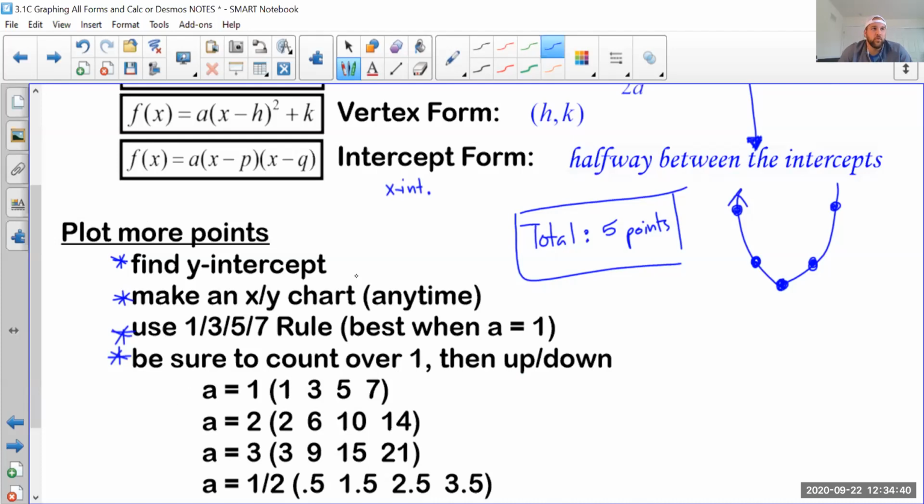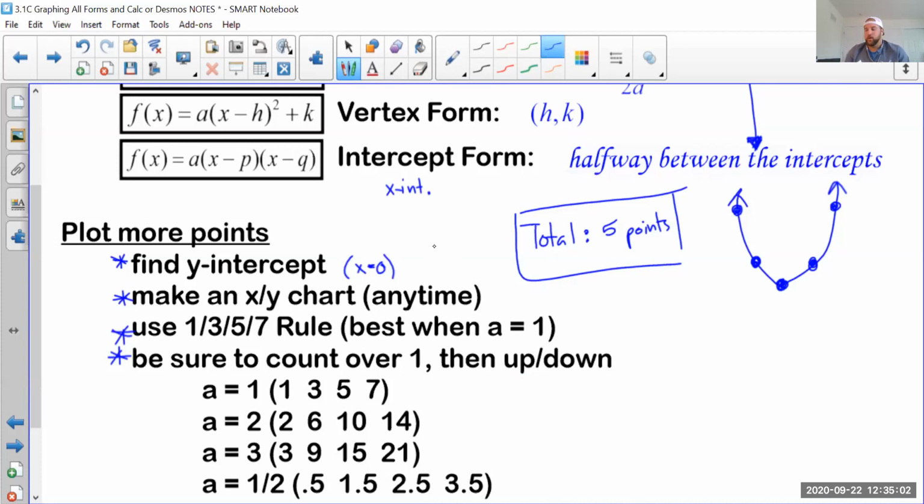Or just know that the way we find the y-intercept is make x equals 0. That's okay too. So I don't care how you find other points. I just need a total of 5 points. So you find the vertex and then find 4 other points.